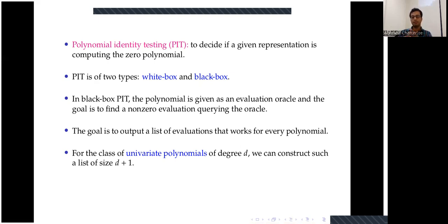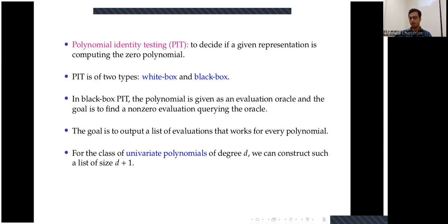The idea is that for a given class of polynomials, we want to find a list of evaluations such that for every non-zero polynomial, we'll find an evaluation in the list that gives us a non-zero value. We call this non-zero evaluation a witness. So a witness of every non-zero polynomial in that class can be found in that small list of evaluations.